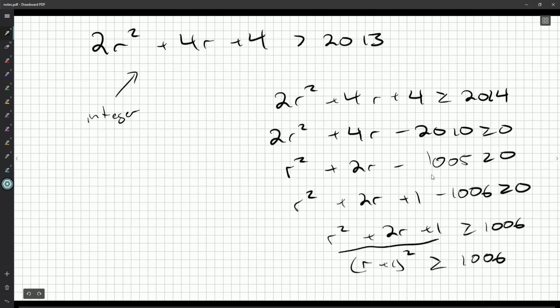So can I think of a square that's greater than 1006? And absolutely I can. What's the nearest one? I want to say 33 squared. But the easy way to do this is just to square root 1006 and see that that's 31.7. So the next square would be 32 squared. Actually, let's continue this on the next side.